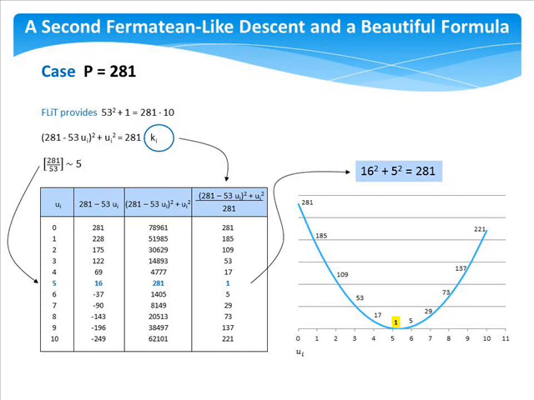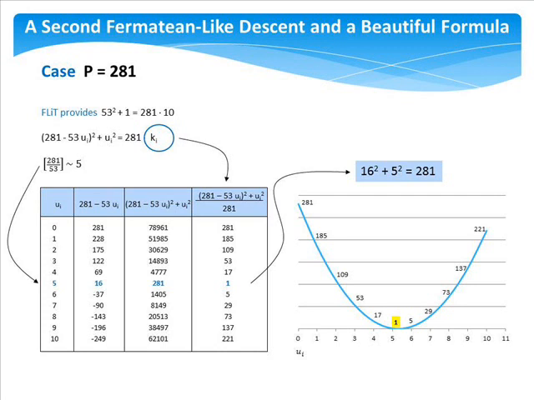The first example is the case prime 281. Fermat's little theorem provides the initial equation, and with that we construct the second one, derived a few moments ago. So we can see how trying growing numbers for u sub i, the values for the other square, that is 281 minus 53 times u sub i, and of k sub i, will first decrease, find its minimum, and then increase again in absolute values.